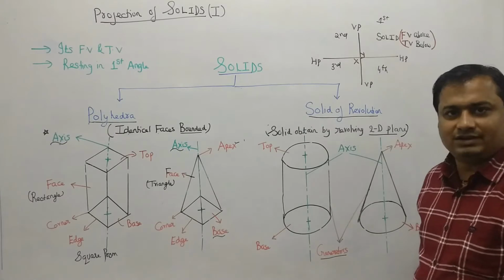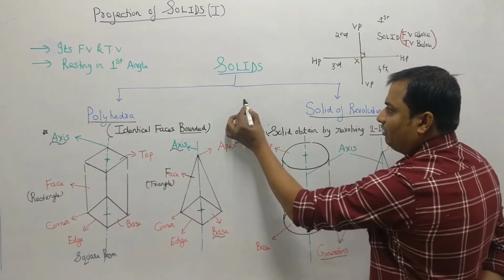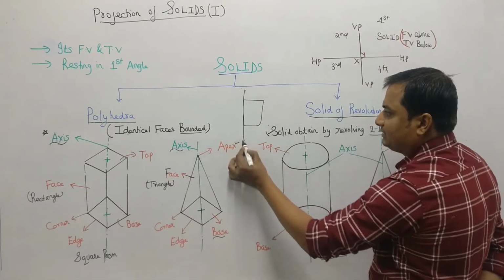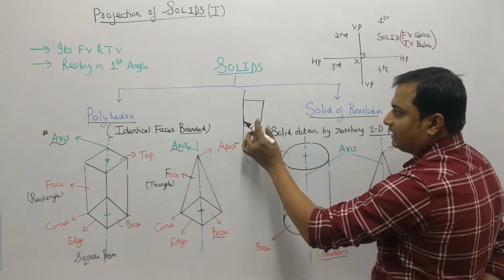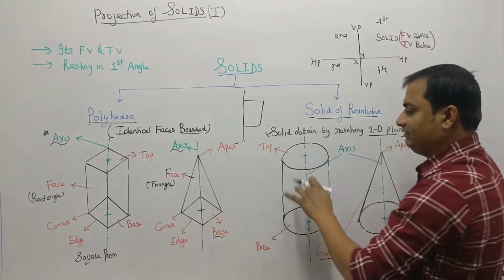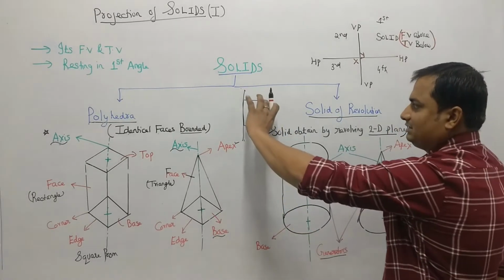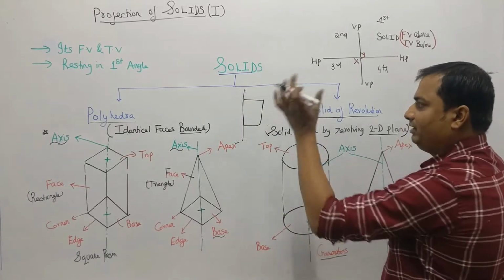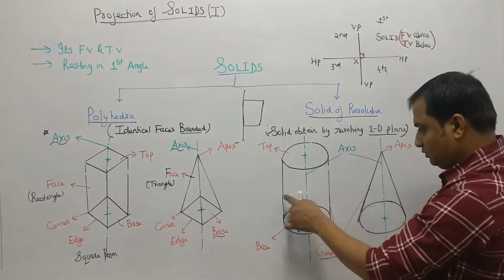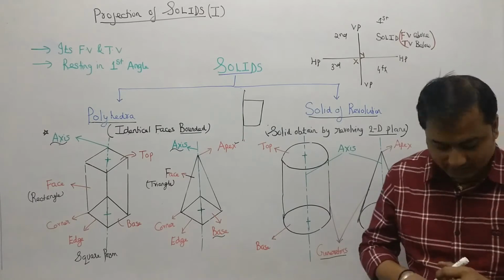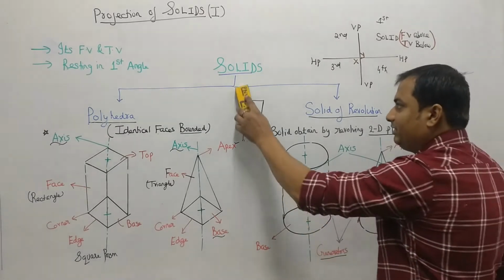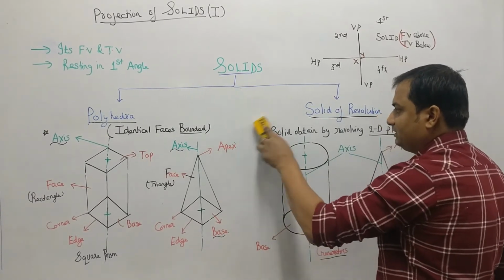Why are they called generators? As I have told you, when you revolve a rectangle about this axis, this side of the rectangle revolves and generates this cylinder. So these two vertical lines are called the generators. Just keep in mind what the generator is here.